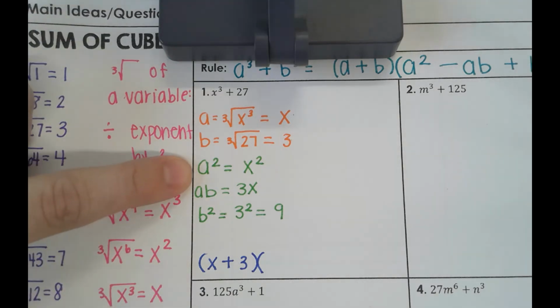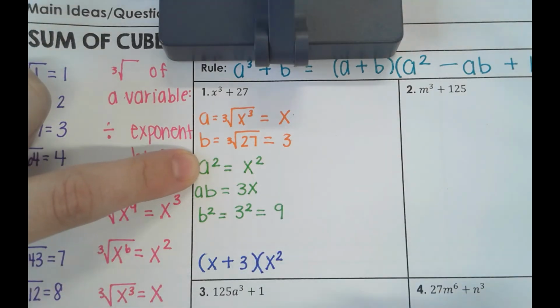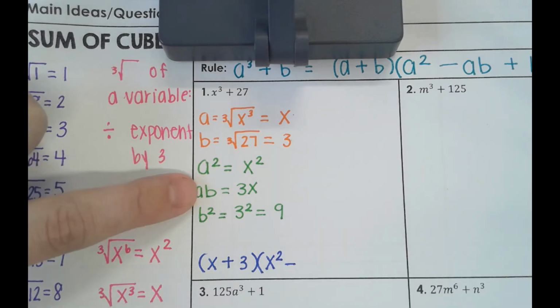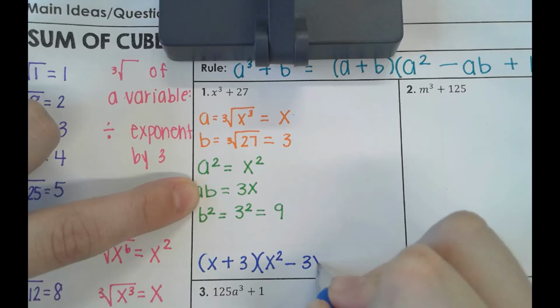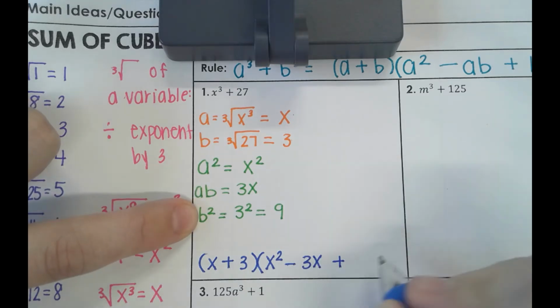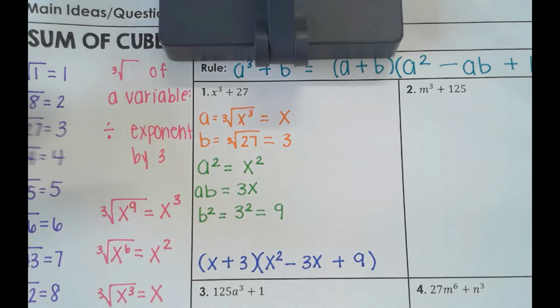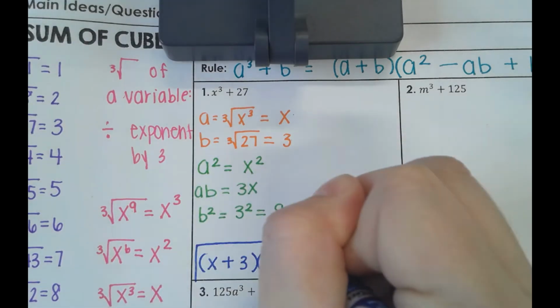And then it says a squared, which is x squared, minus ab, which is 3x, plus b squared, which is 9. And that's the answer.